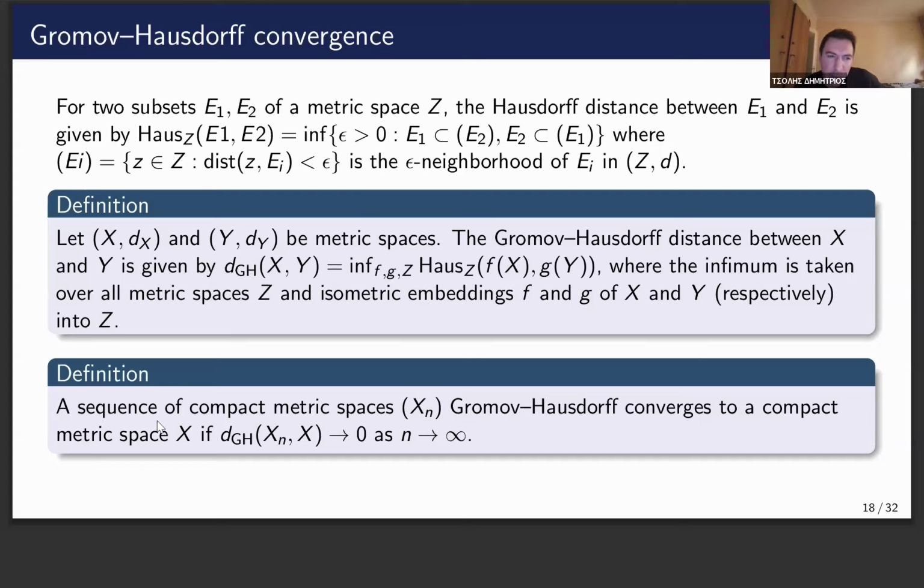And then we say that a sequence of compact metric spaces Gromov-Hausdorff converges to a metric space X if this distance, the Gromov-Hausdorff distance, goes to 0 as n goes to infinity.